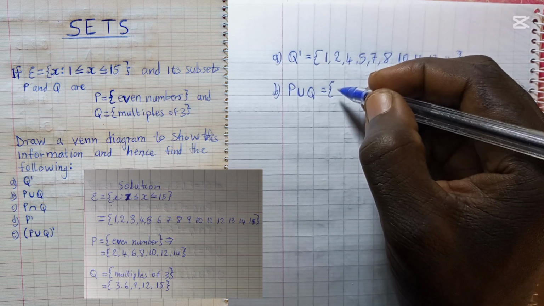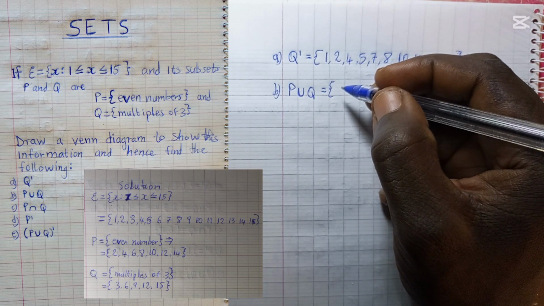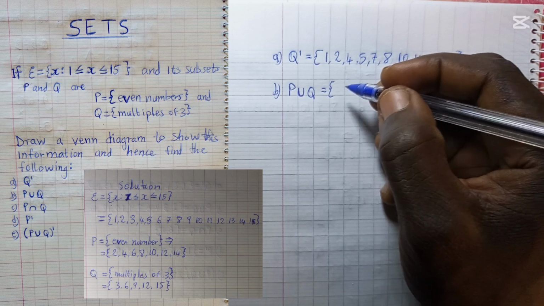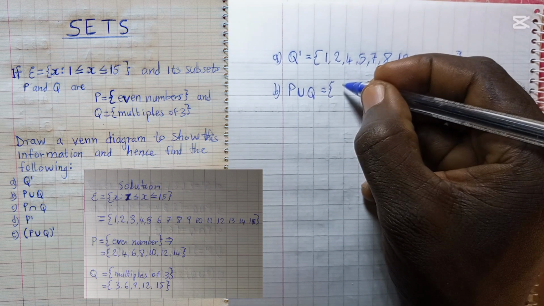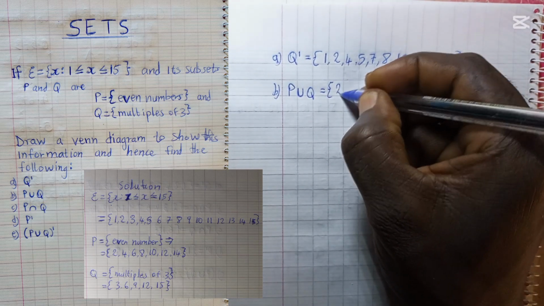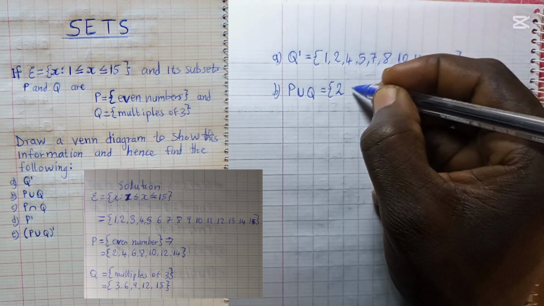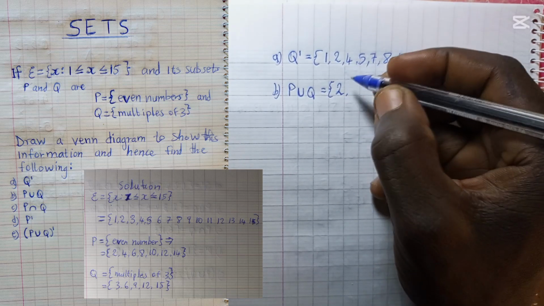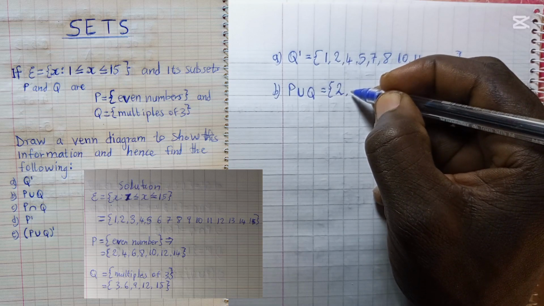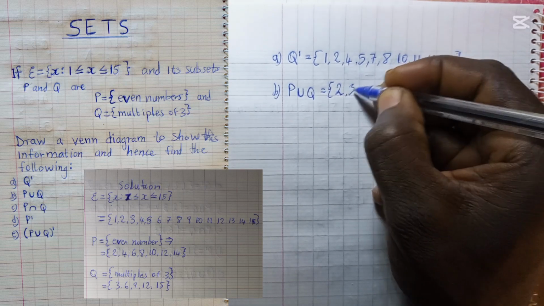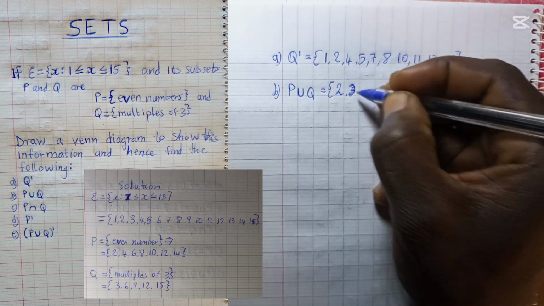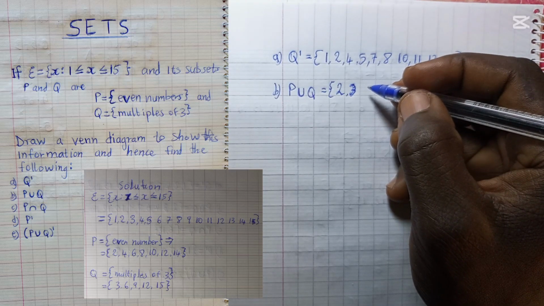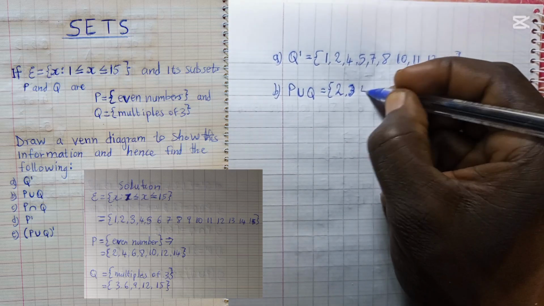Now doing this, we can see that the lowest element can be found in set P, which is 2. Then followed by the next number after 2, which is 3, can be found in set Q. And then the next can be found in set P, which is 4.